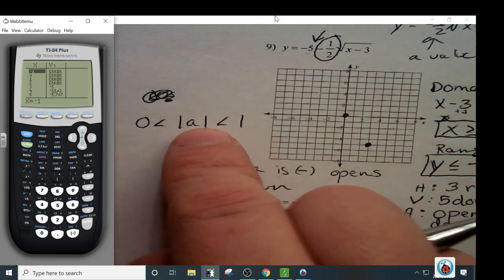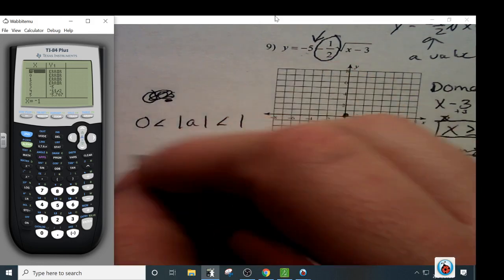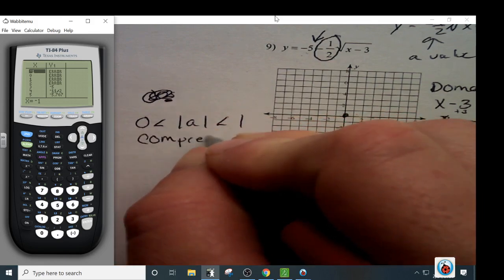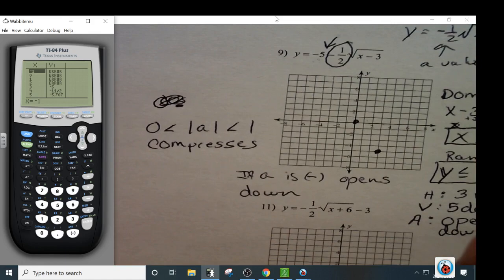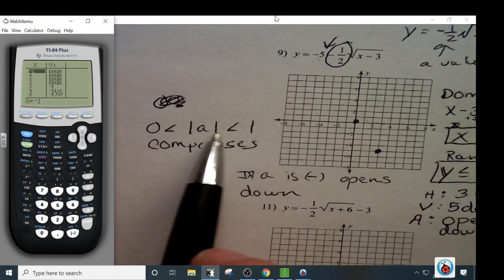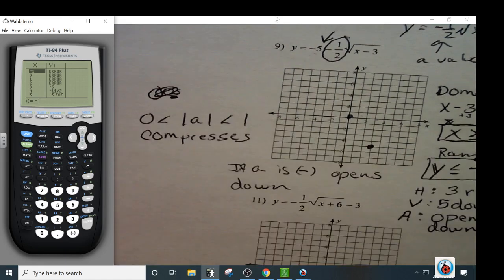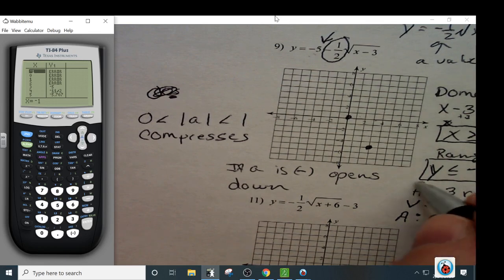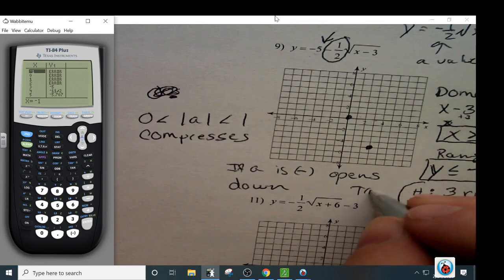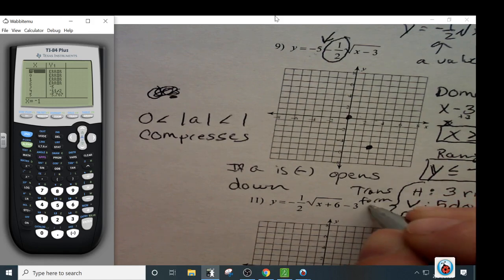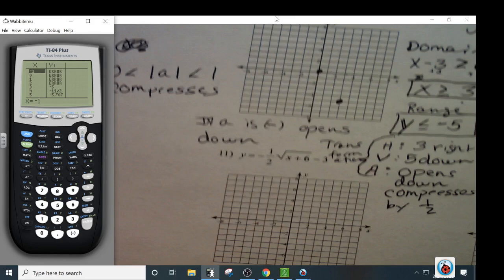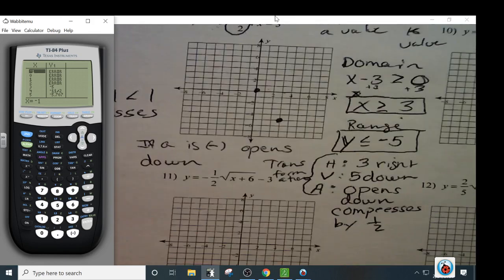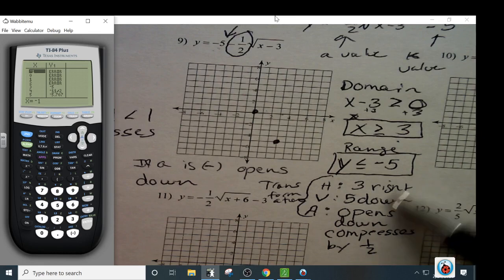If A is between 0 and 1, which 1/2 is, that means it compresses. So it can either stretch or compress. If it is a fraction between 0 and 1, it compresses. So the A value here compresses by 1/2. So there's your transformations. Domain, range, and transformations.